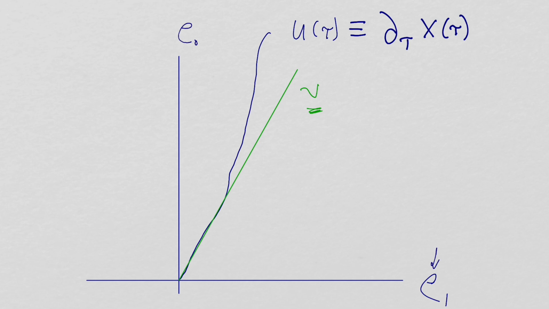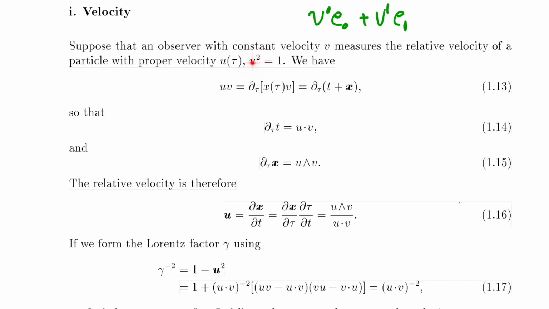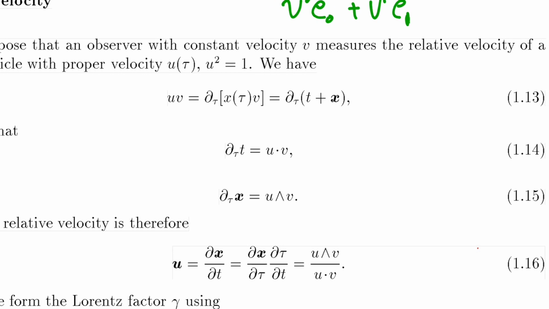And the velocity of our observer is some velocity v, and the velocity of the particle is some velocity u, right? And with that, we start formulating this geometric product. First of all, u squared is 1. u is the proper time derivative. So it's very important to understand that u is the proper time derivative of x, because that's the first thing they do here.